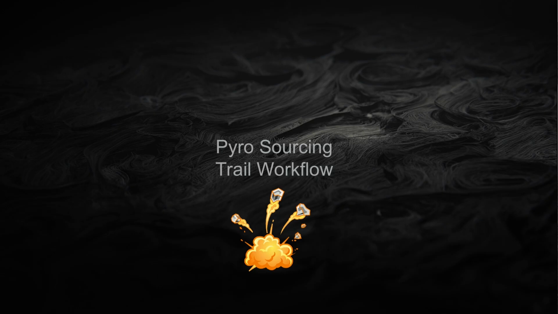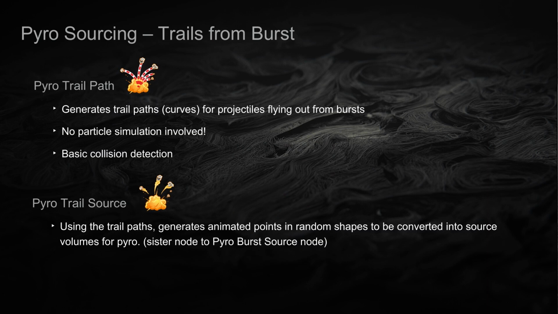Let's look at the trail workflow then. One of the nodes you can use is the Pyro trail path node. This generates the path for the projectiles that fly out from the explosion or from the burst, and these paths are generated without an actual simulation.